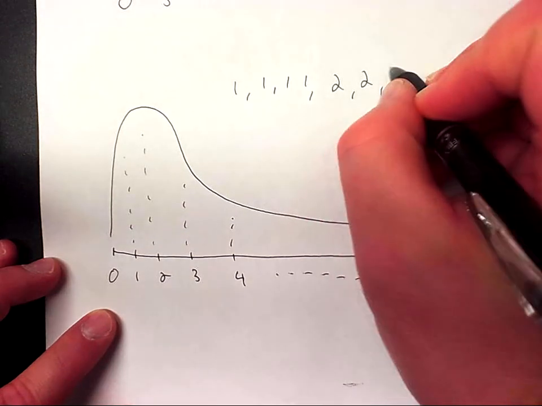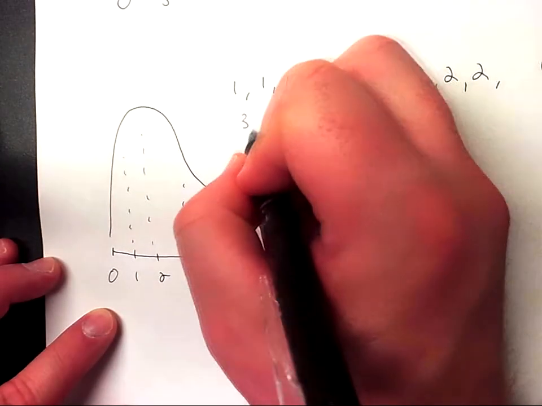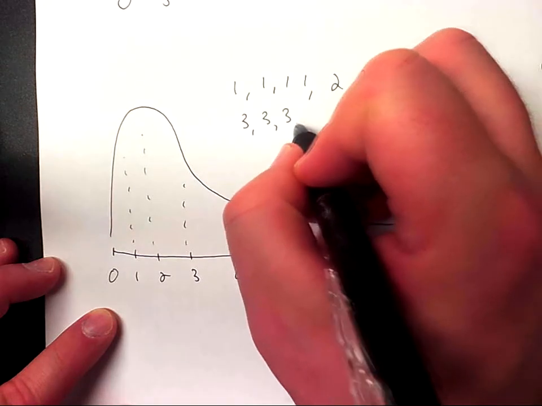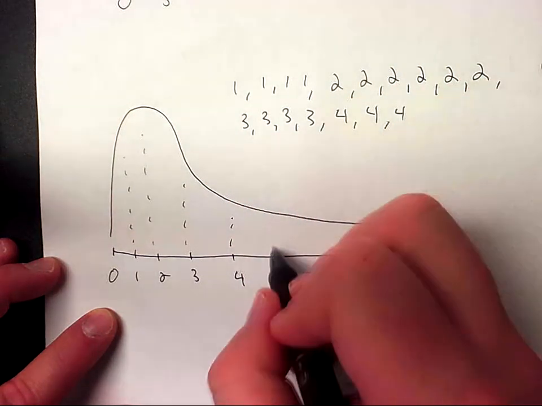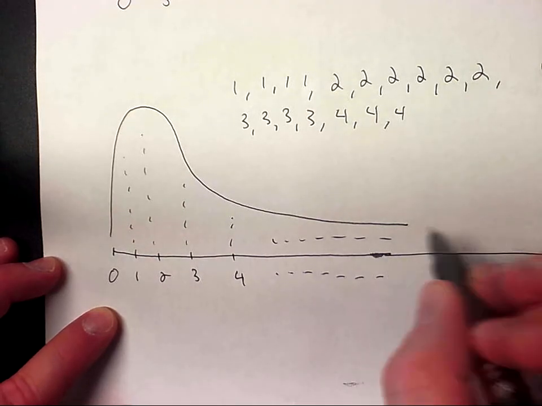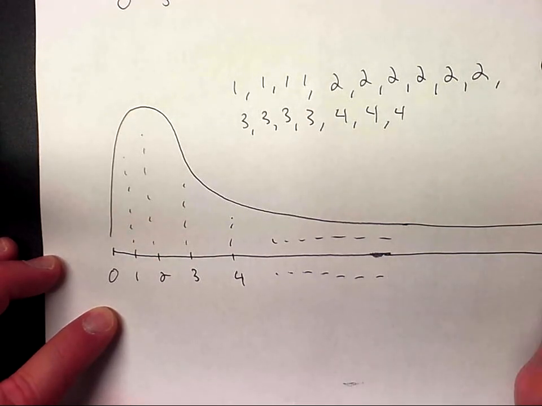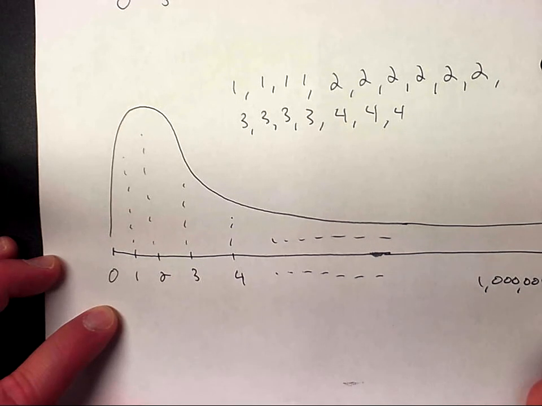We're going to have more 2s than 1s, a decent amount of 3s, a few 4s. But then again, we're going to have some value way, way over here that might be like 1 billion.